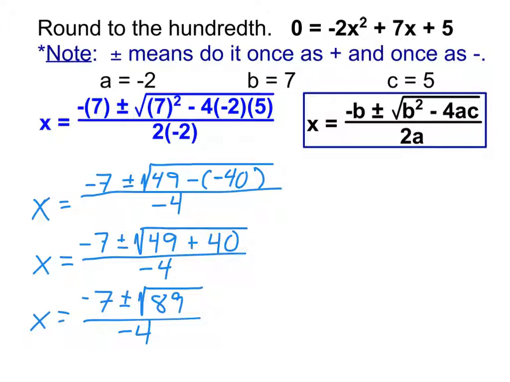But as soon as you have to do the square root and it gives you a decimal, leave it in terms of that square root. That's exact form because we aren't doing any rounding. Now, of course, if the square root gives you a whole number, do the square root. But if it gives you a whole number, it actually tells you could have factored it. And you wouldn't have had to do all this.